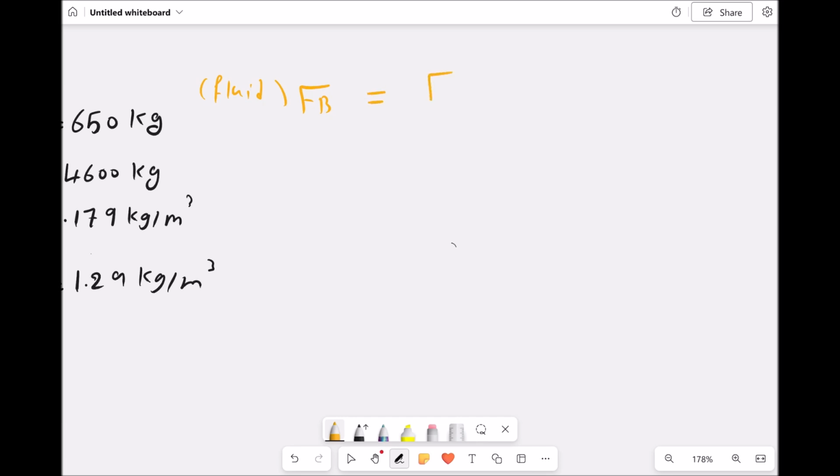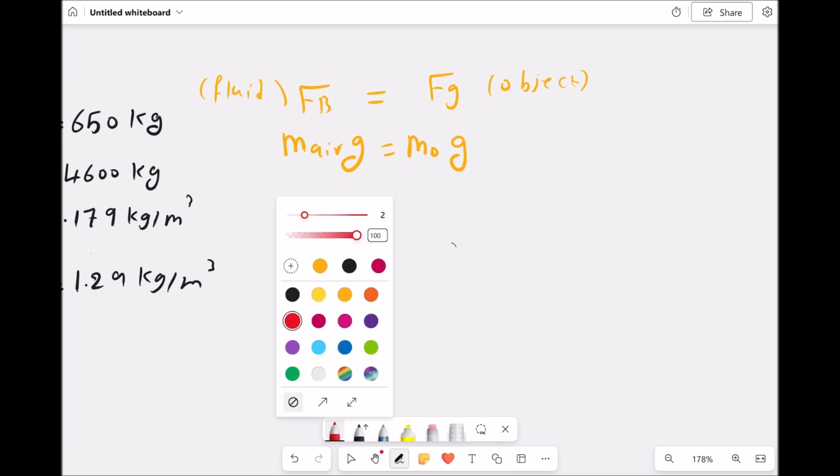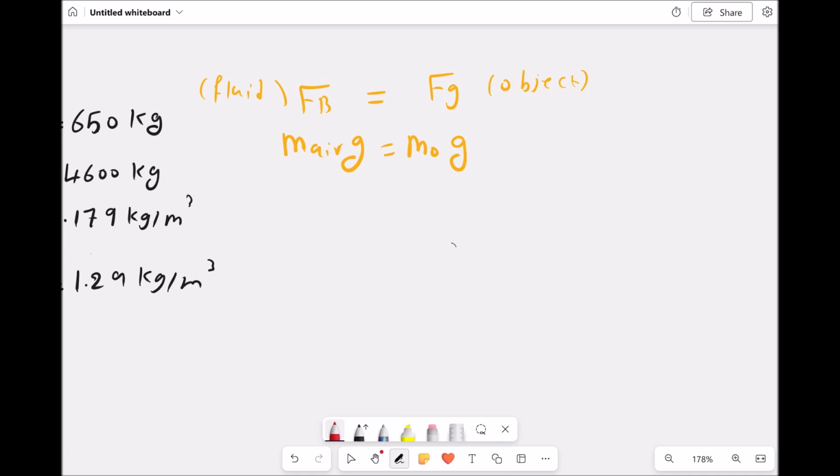Then you have F_G, which is the object or the load's part. Now look guys, you will say m_air multiplied by gravity is equal to m naught, the mass of the object, multiplied by gravity. Then, because gravity is the same on both sides, it's going to cancel.